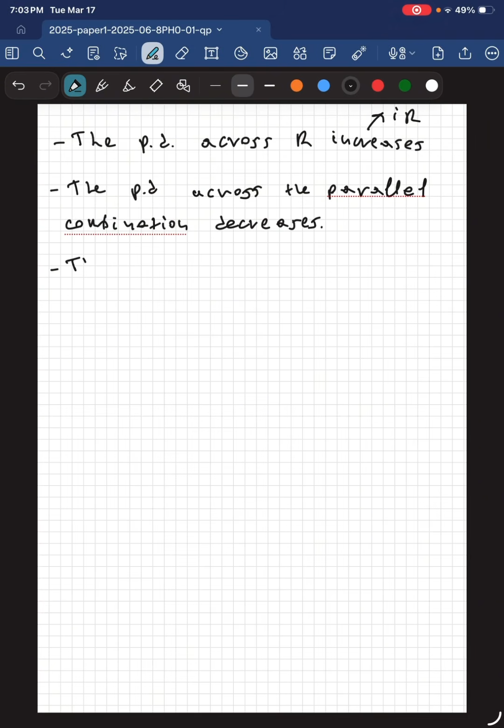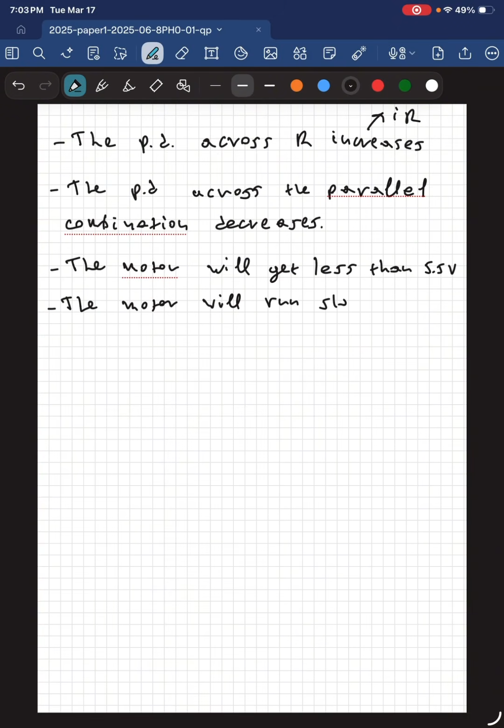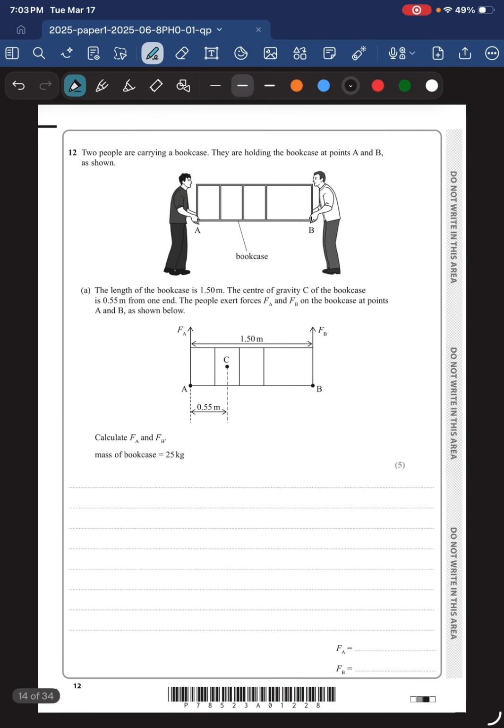Okay, so the motor will get less than 5.5 volts, so the motor will run slowly, and that's the answer.